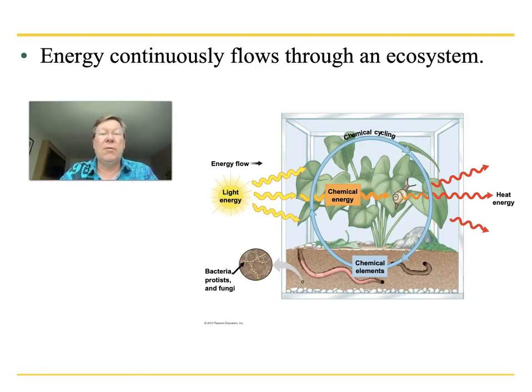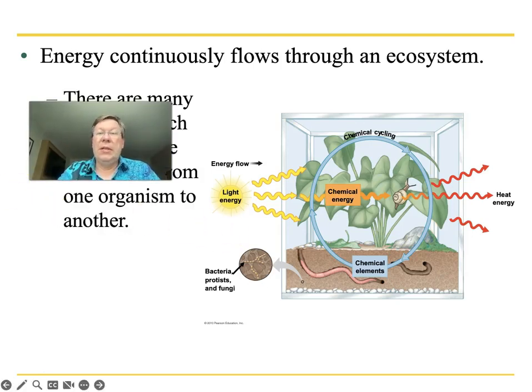They all have to cycle through this, and we couldn't do it without the contribution of certain bacteria, protists, and fungi. That's to complete the cycle, to return the matter that organisms have used and can no longer use because the organisms die. Those can then be recycled and returned to the system. And that's why this little cube works so well, because it has all those components in it.